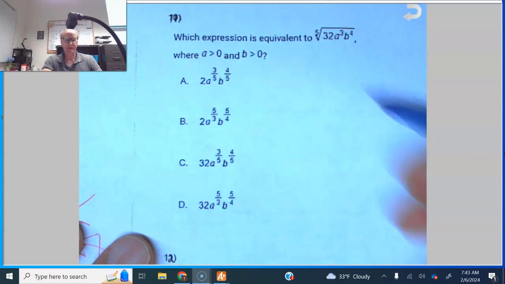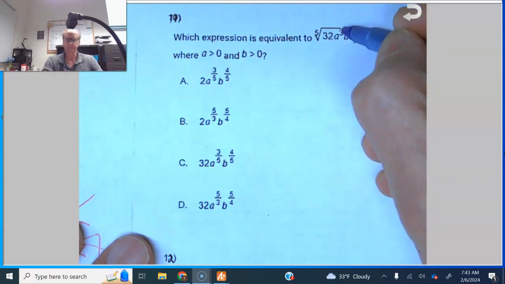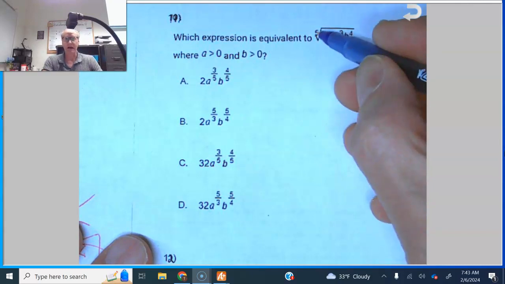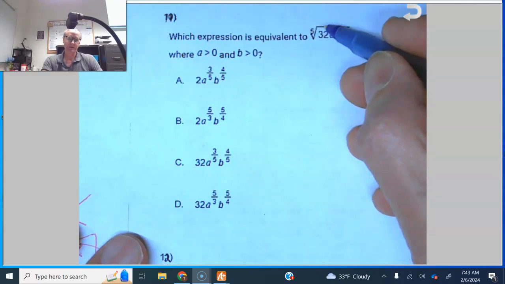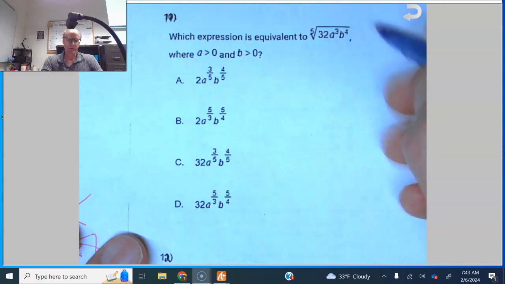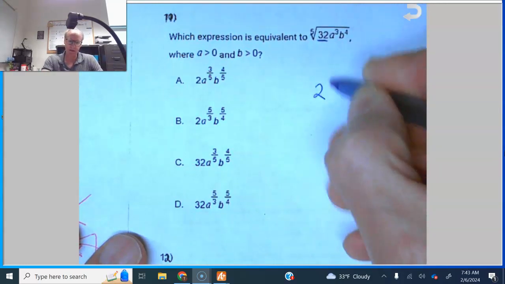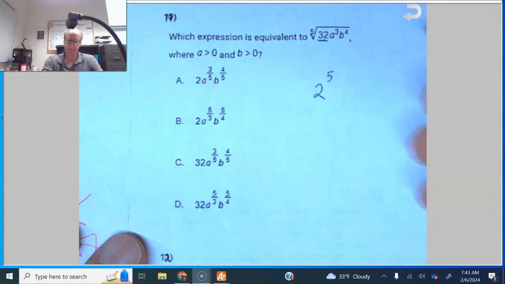Oh, this is what the Algebra 2 students are doing right now. This is a bit like dividing by 5, but you're doing it to the exponents in a way. Now, if you recognize that 32 is 2 to the 5th power, then you can kind of figure this out.